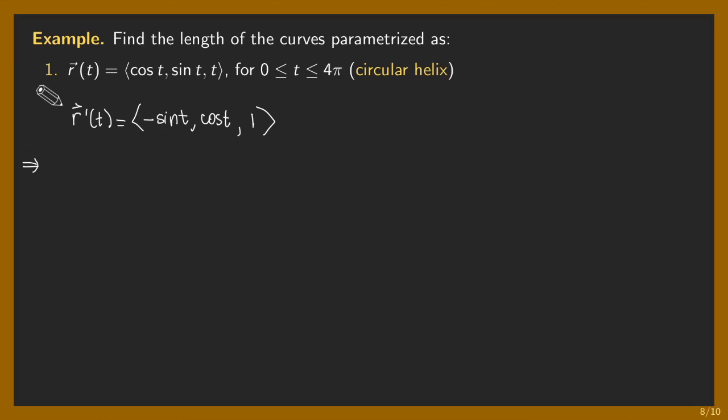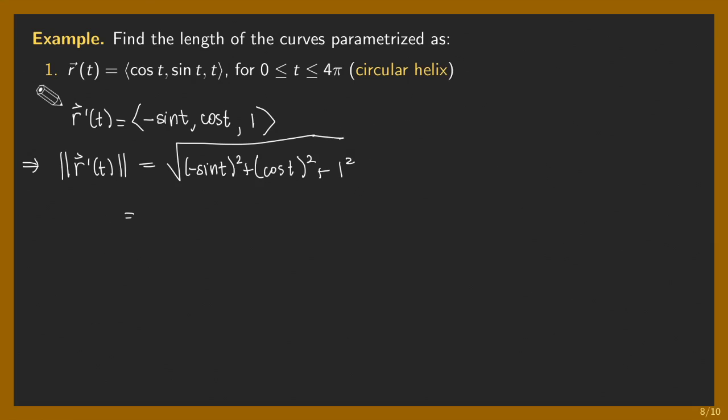Then, get the norm, which is the square root of minus sine t squared plus cosine t squared plus 1 squared. If we simplify, what do we get? Square root of, this is 1 plus 1, square root of 2.